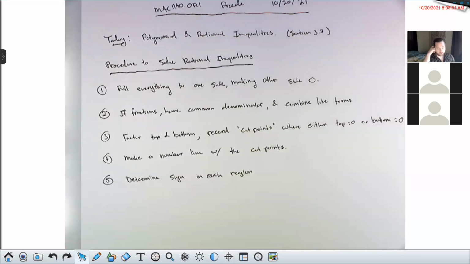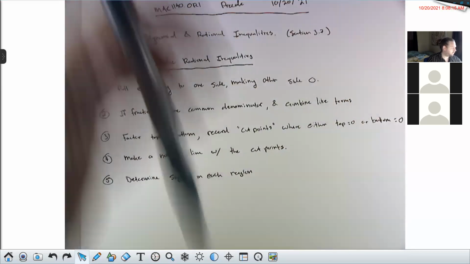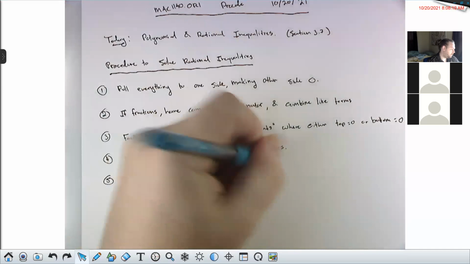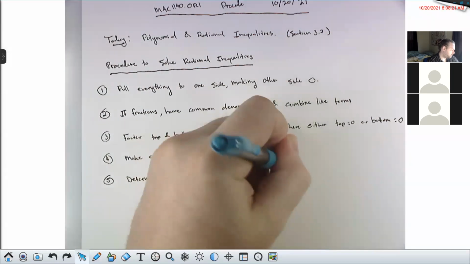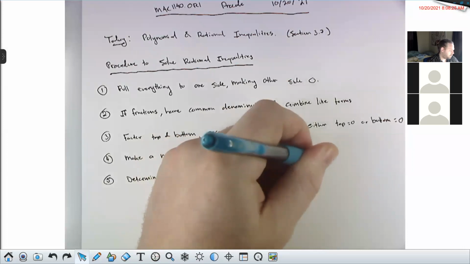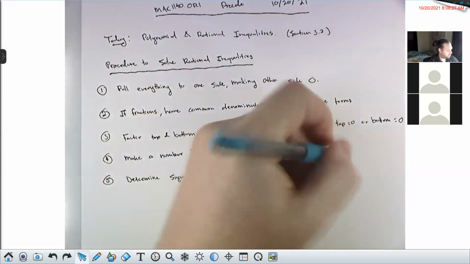There's a bunch of ways you can do this. You can do this with test points. You can do this by knowing one sign and then using multiplicities. There's lots and lots of ways to do this. So I'll just make a little comment here. Use multiplicities.